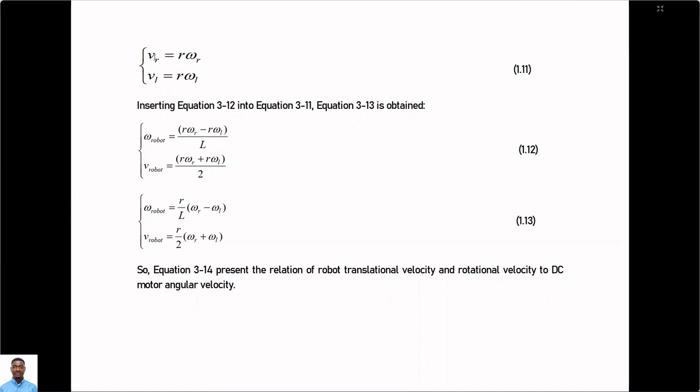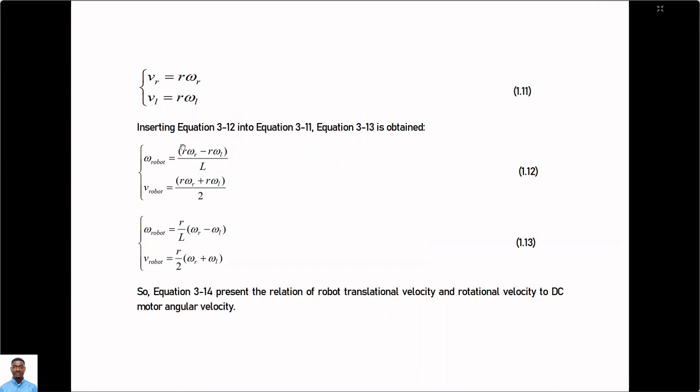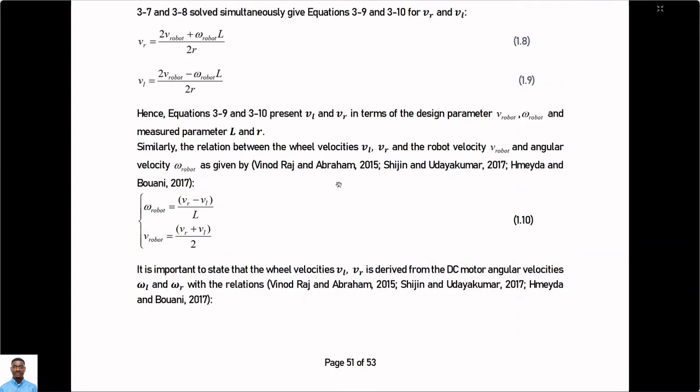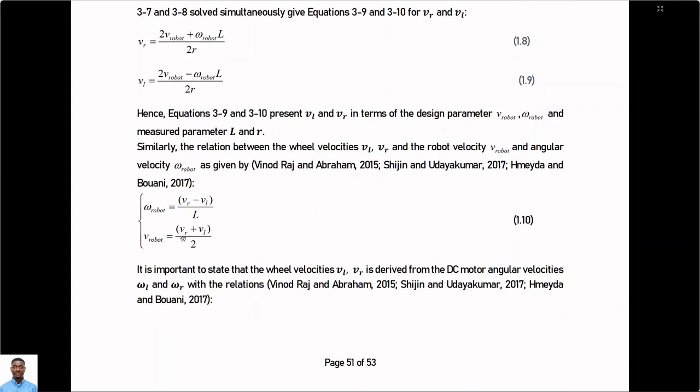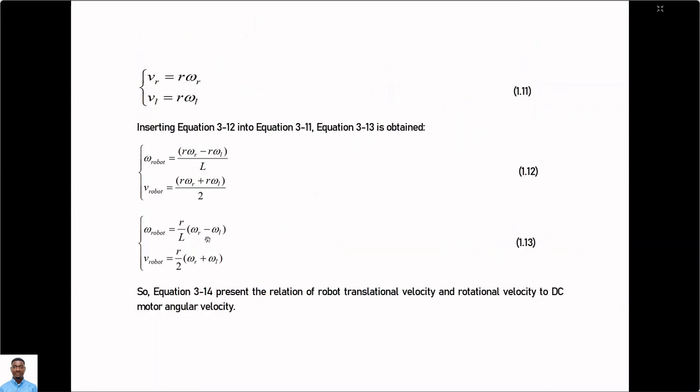The velocity of a wheel by itself is the radius of that wheel, then 2 pi n over 60, which is this omega in this case. So if we replace VR and VL in the equation given by these two researchers with R omega R and R omega L, that's what we have here.